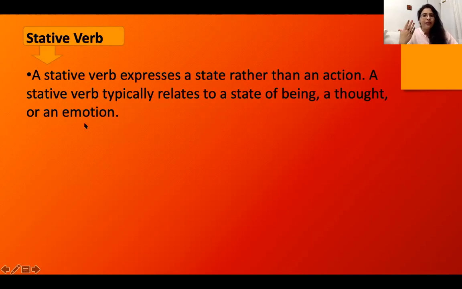So it's totally related to your mind, your emotions, your thoughts. If you are having an emotion, that is also an action, but when you speak it, that speaking is the action. The expression which you are giving comes from your mind. It's a stative.